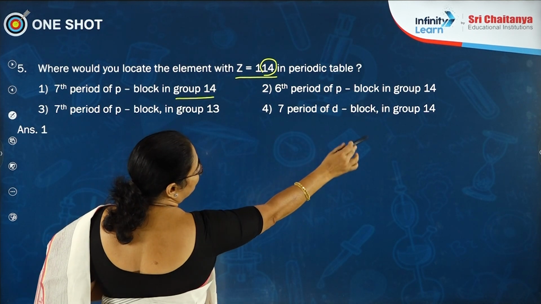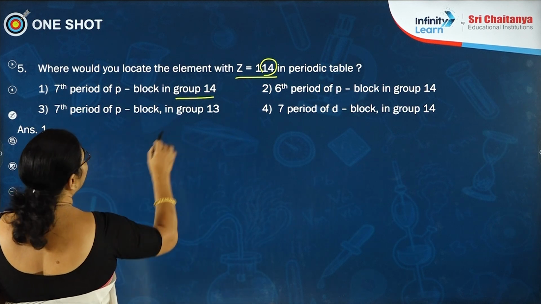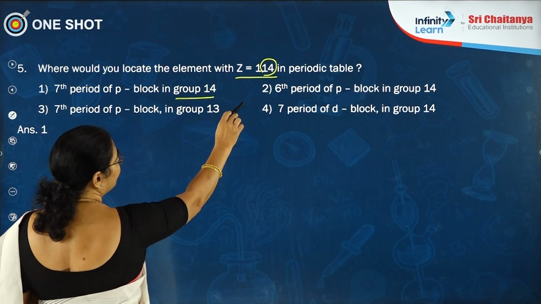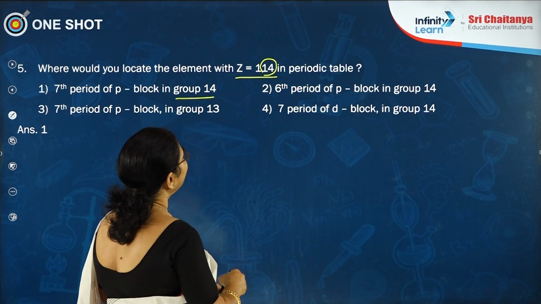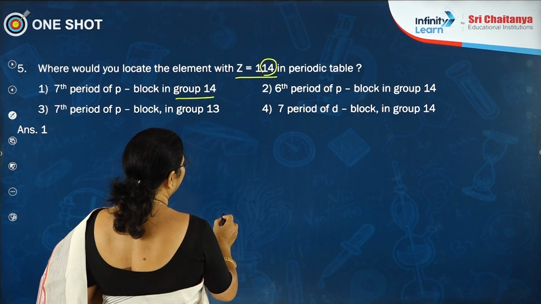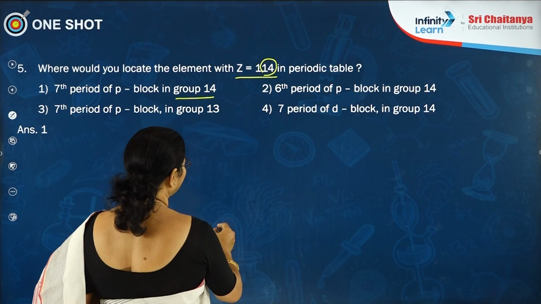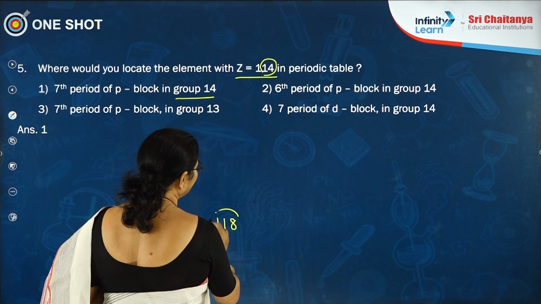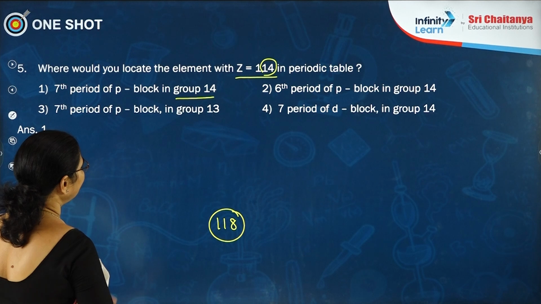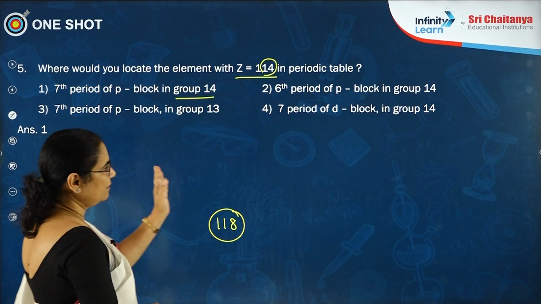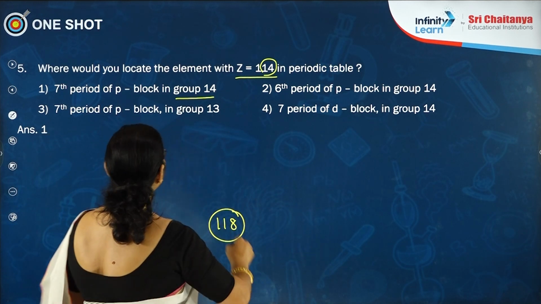After the last noble gas element 86, radon, comes 118. The 7th period starts from 113, and 113 to 118 belong to the 7th period.